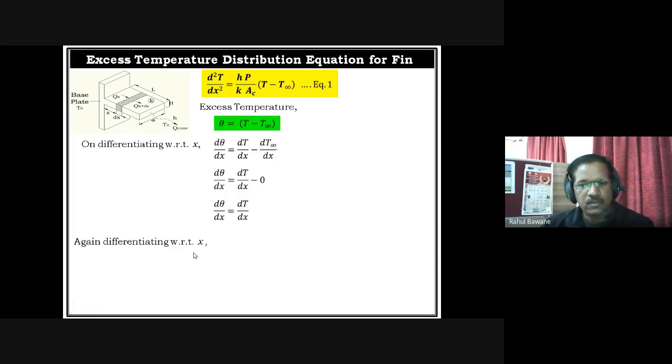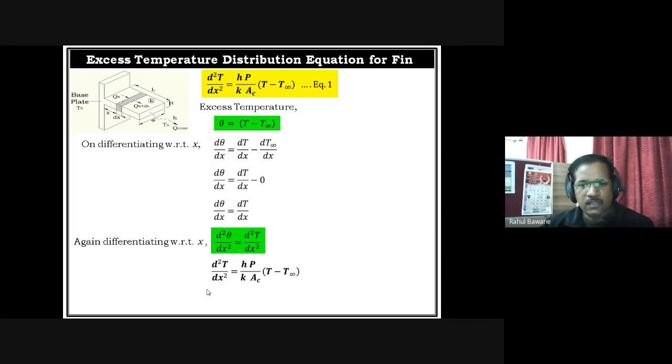Now again on differentiating with respect to x, it becomes d square theta upon dx square, and on the right-hand side it becomes d square T upon dx square. Now we know the value of d square T upon dx square in terms of the excess temperature difference. So we are going to replace d square T by dx square, and replace T minus T infinity by the excess temperature term theta.